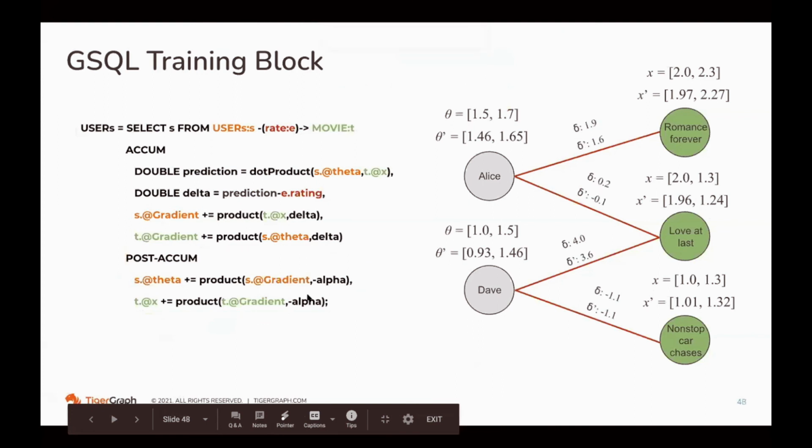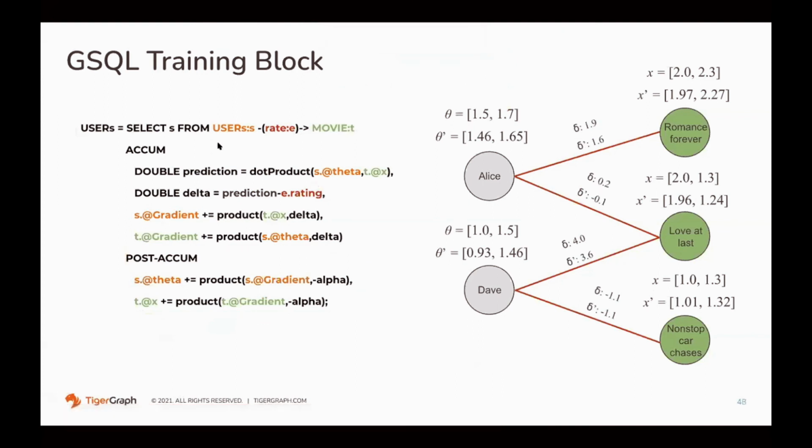As we saw in the GSQL training block, this training block will keep on running in the graph until we converge the algorithm, or until we reach a properly defined total number of epochs which we want to traverse.